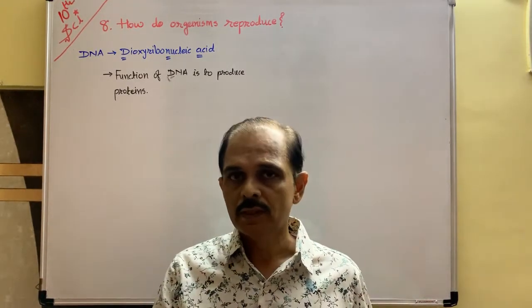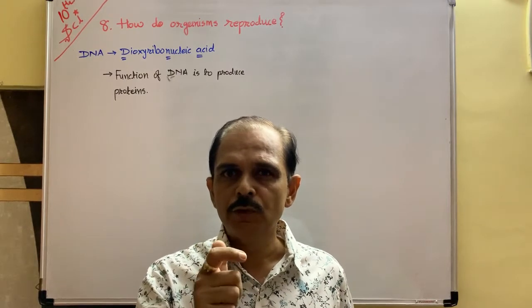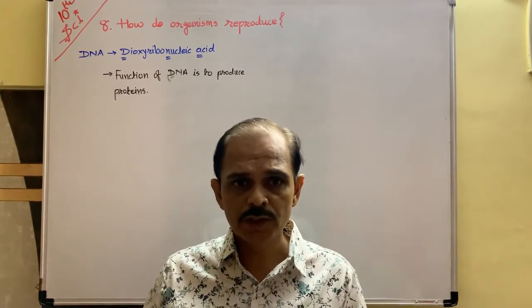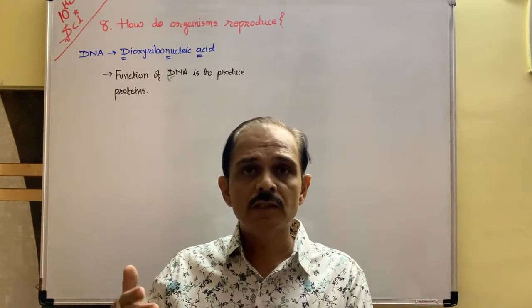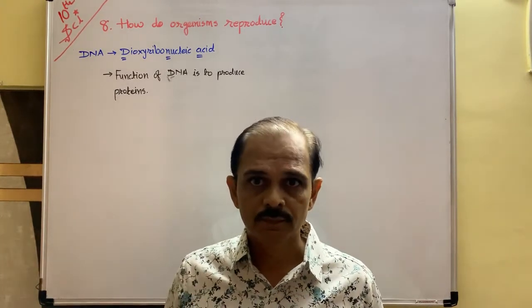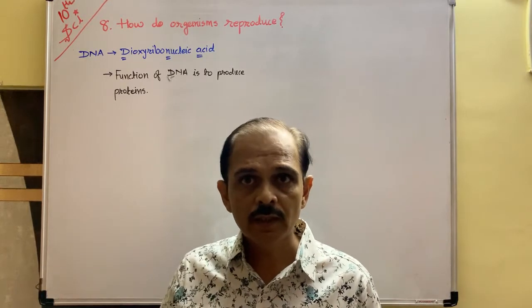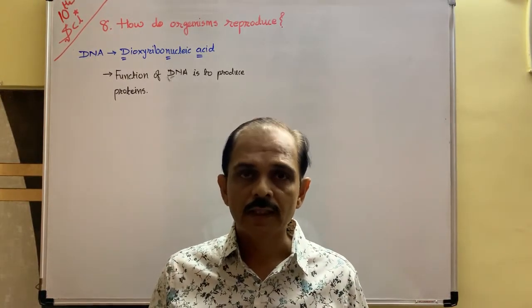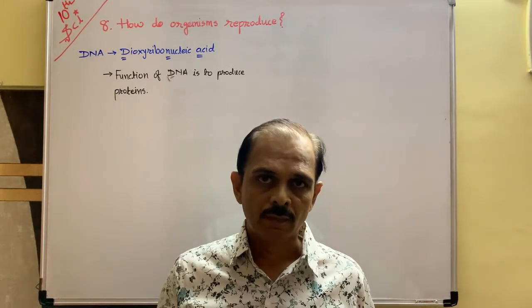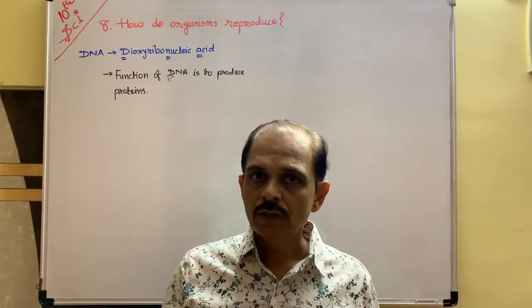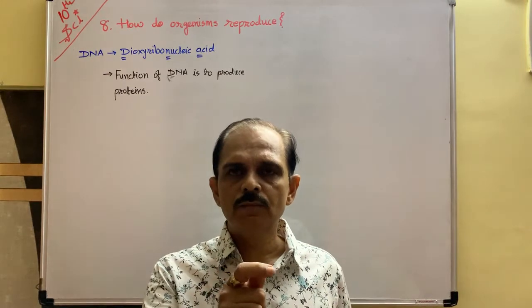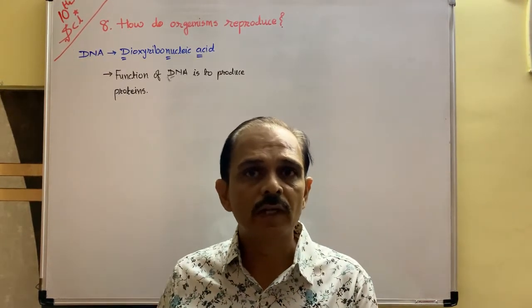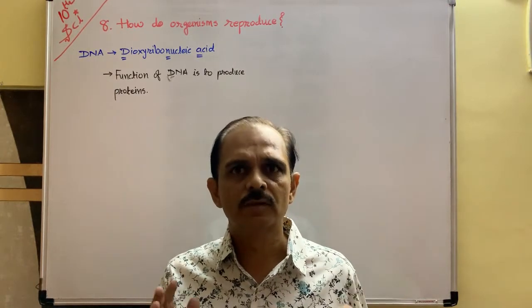But remember one thing, if there is a slight mutation in the protein, what do you mean by mutation? Mutation means a change which is not favorable. Whatever change occurs in our body, but it is not favorable to our body, then it is called mutation. Is it clear? So if there is a single mutation in the protein, then the animal or organism would not survive. It is not possible.